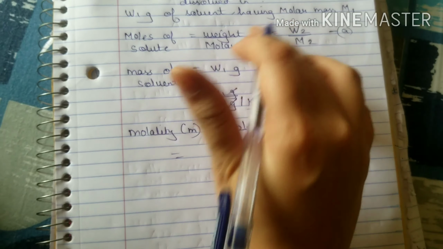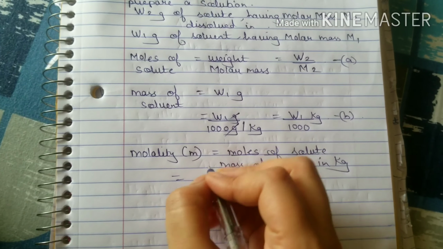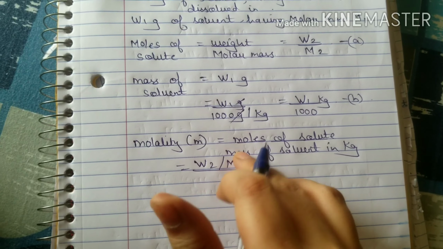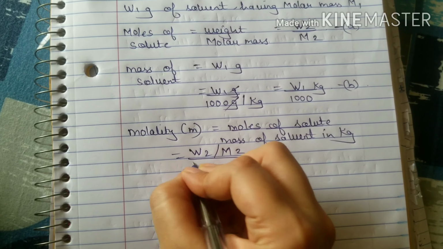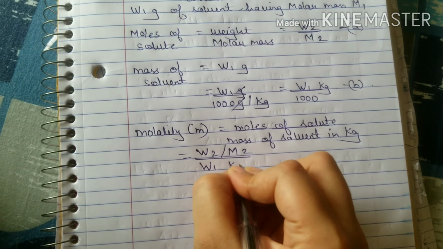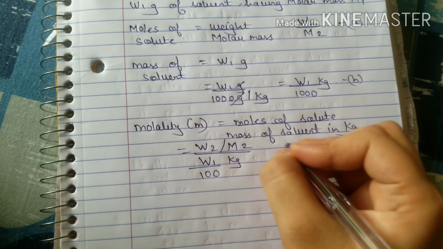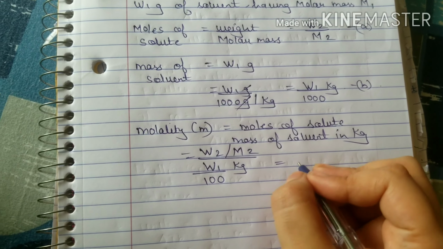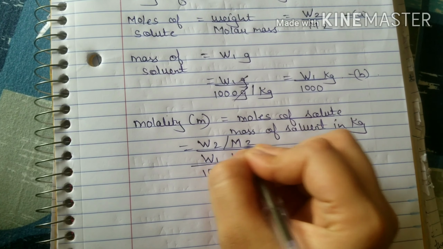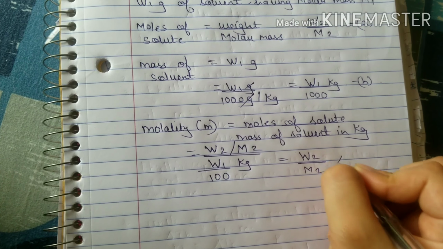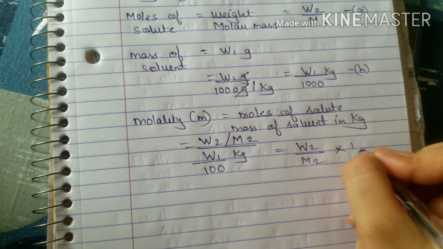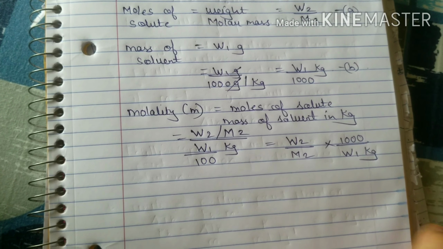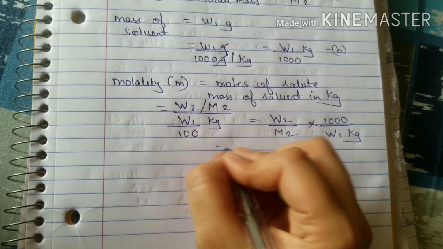In moles of solute, you have to substitute W2 by M2. And in place of mass of solvent, that is going to be W1 kg by 1000. So what is the next thing that I need to do? Just cross multiply it. So W2 by M2 into 1000 upon W1 kg. So what is the final answer that I am getting here?